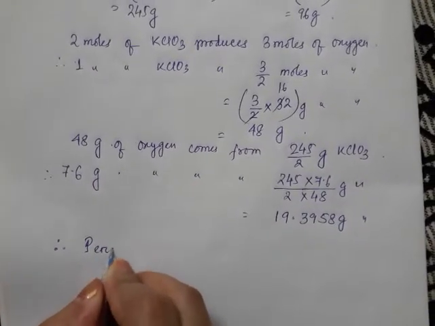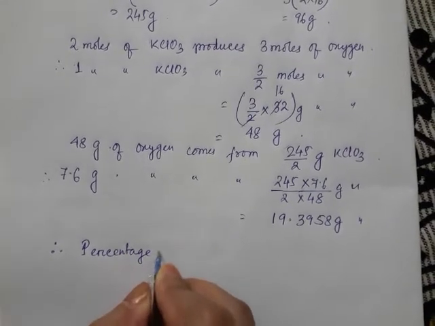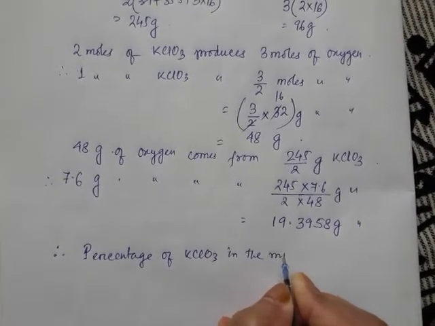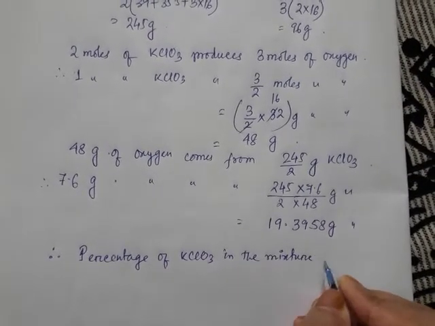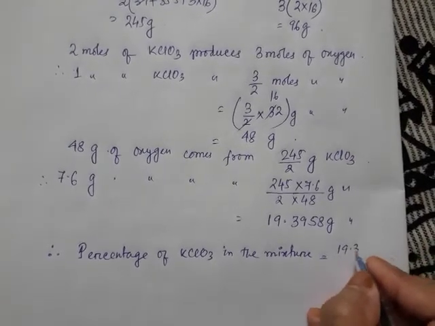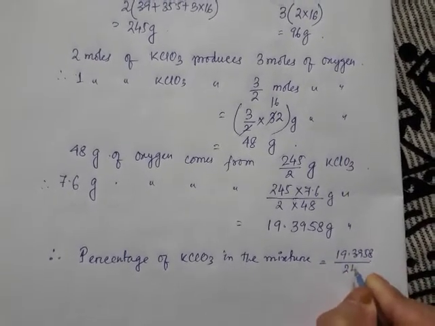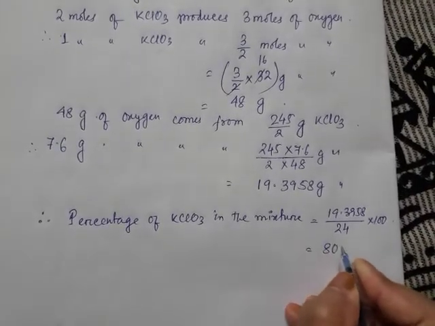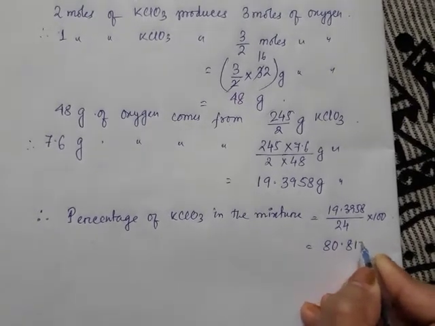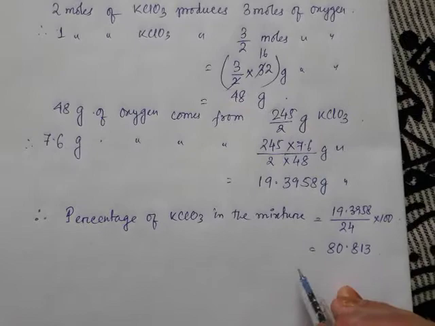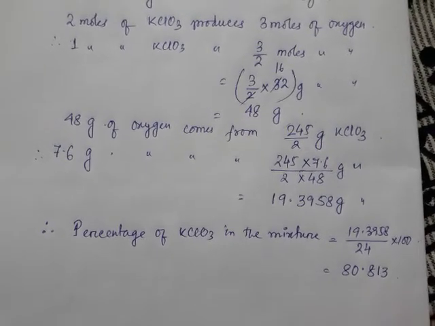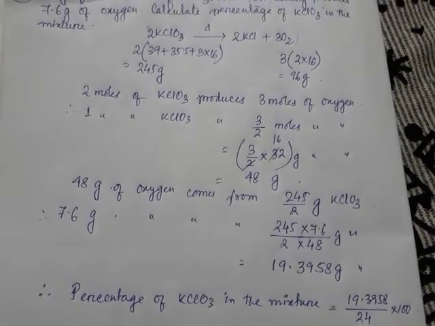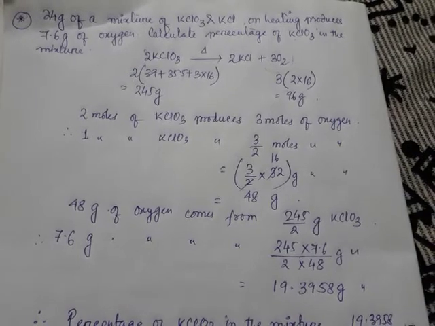So the percentage of KClO3 in the mixture is what? 19.3958 divided by 24 into 100. That means 80.813%.